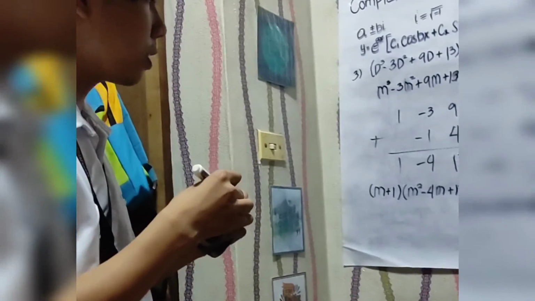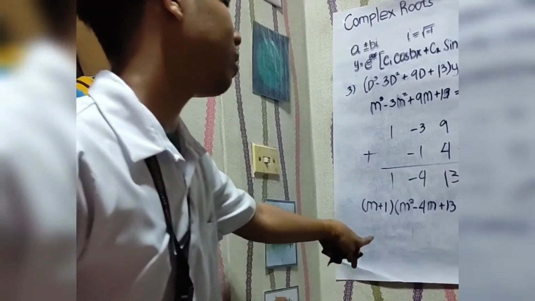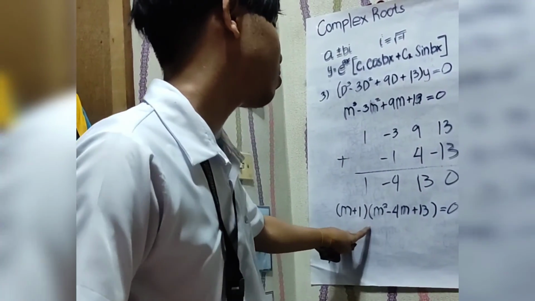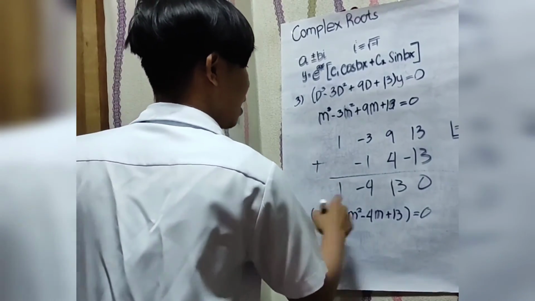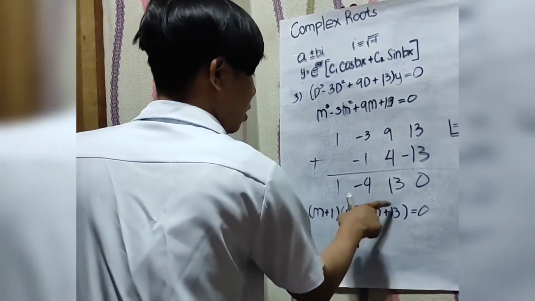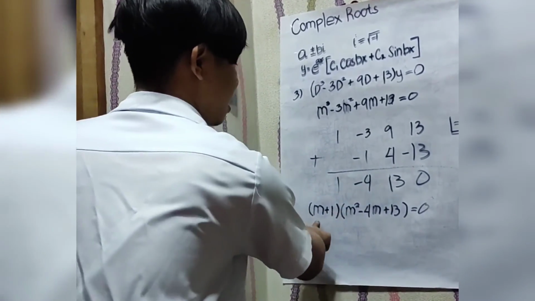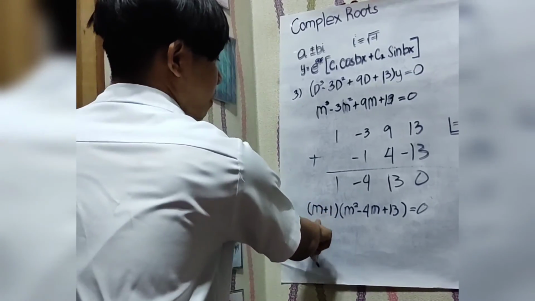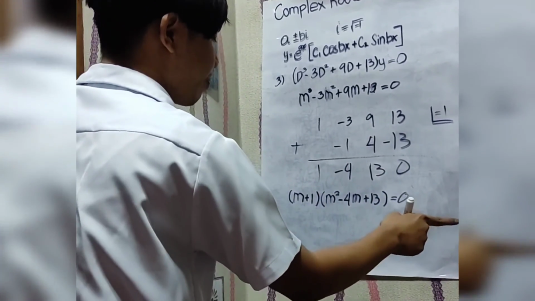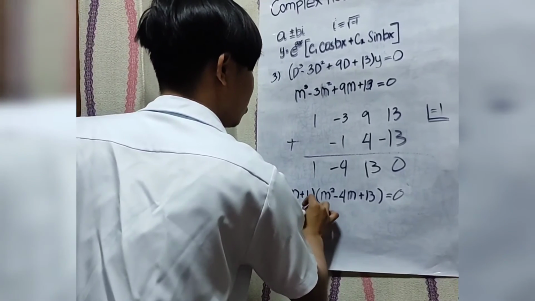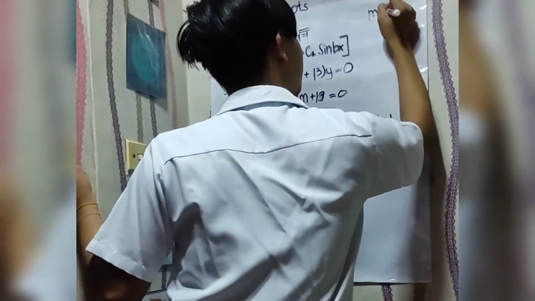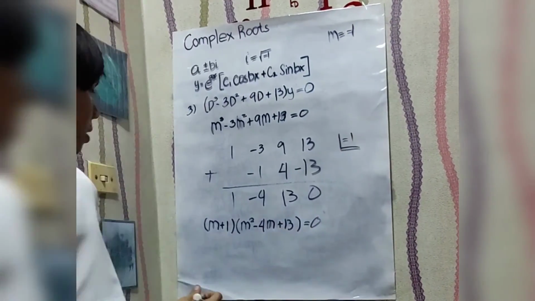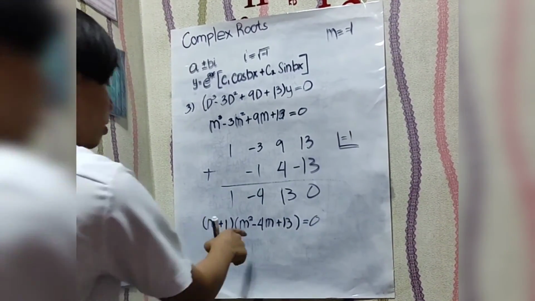Makukuha na agad natin yung isang root which is negative 1, kasi pag divide natin both sides, matitira is m plus 1. Pag nilipat mo sa kabila, m is equals to negative 1. So, yun yung isa nating root.